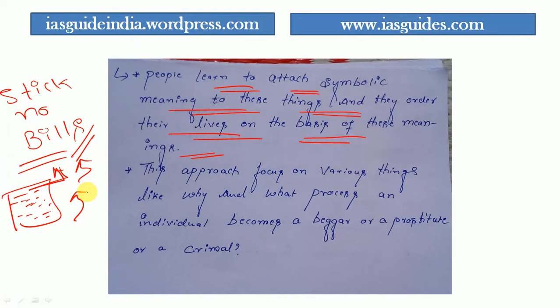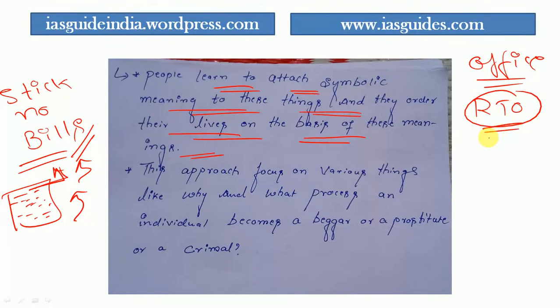Definitely, in traffic also we can see this. Everybody will not go to the RTO office and learn the rules of traffic, but how many people follow them? People follow these symbols.